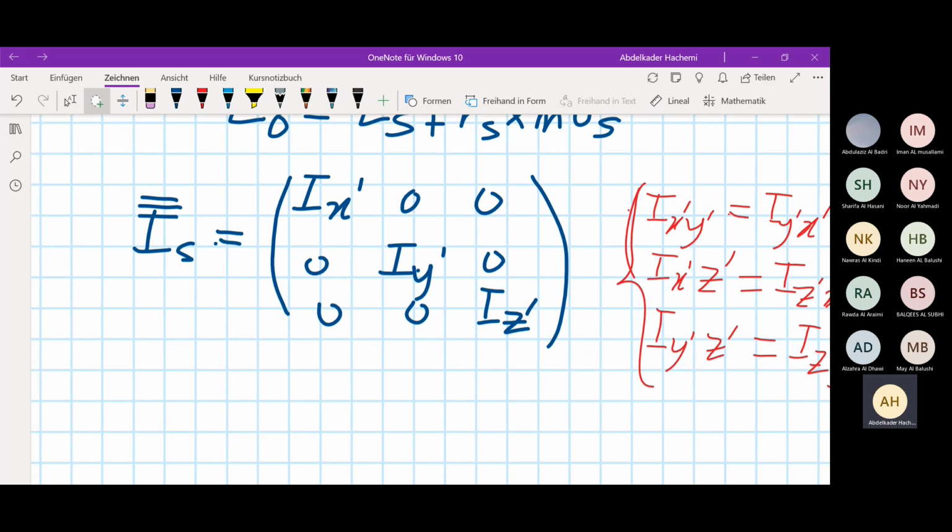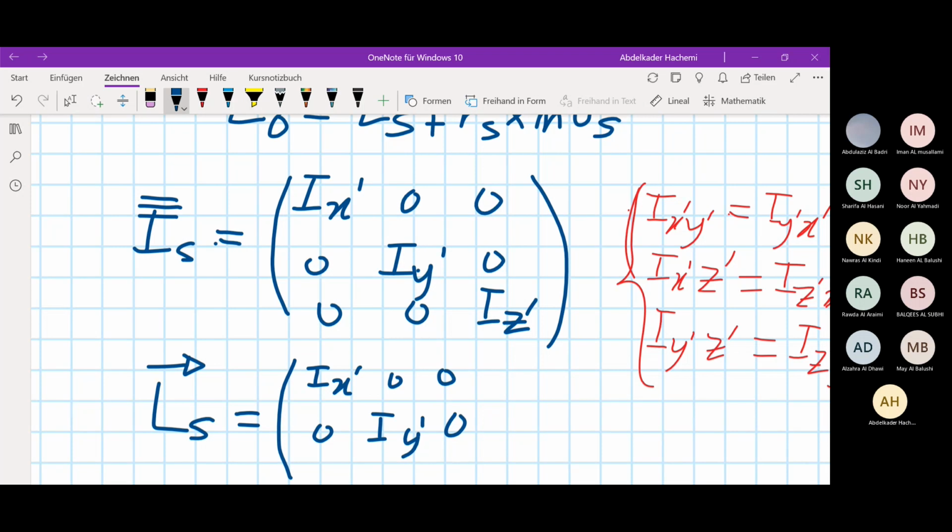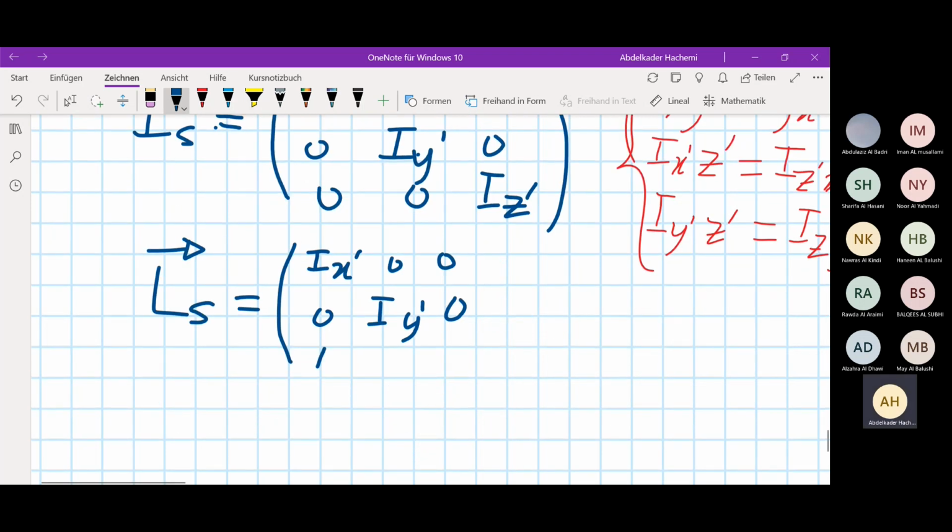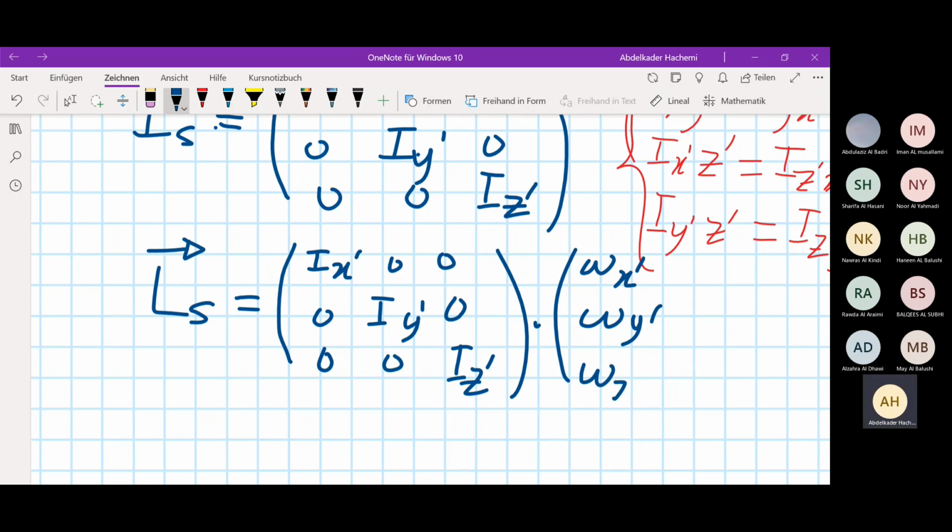Now, if we look, it means here we have L, we can define it as a vector, which will be equal to I x prime, 0, 0, 0, I y prime, 0, and here 0, 0, I z prime, multiplied by omega x prime, omega y prime, and omega z prime.